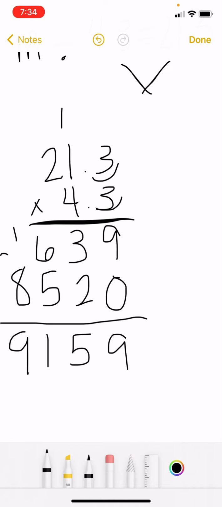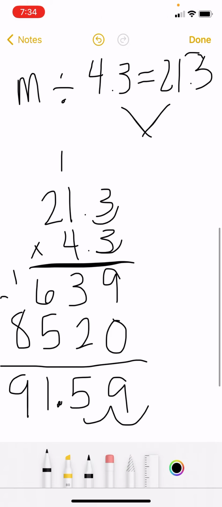We have two numbers after the decimal in our problem, so we should have two numbers after the decimal in our answer. That means our missing dividend for this problem is 91.59. If I were to take 91.59 and divide it by 4.3, it should equal 21.3. So that's when we have a missing dividend. We multiply our divisor and our quotient together.